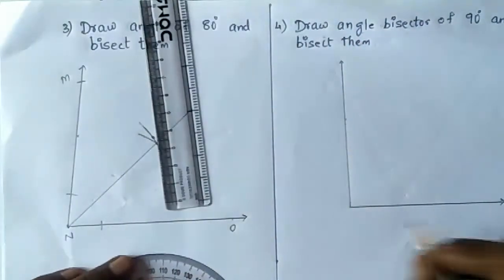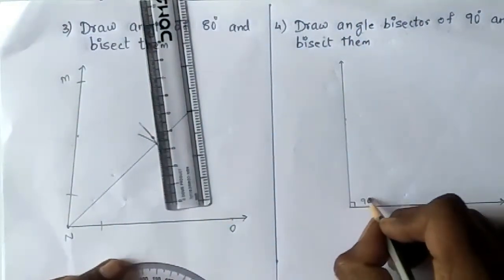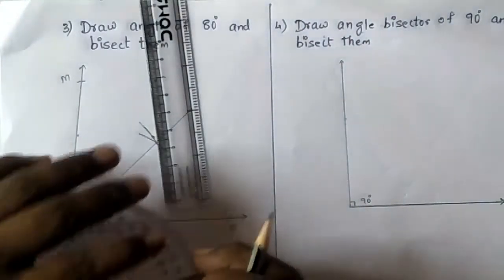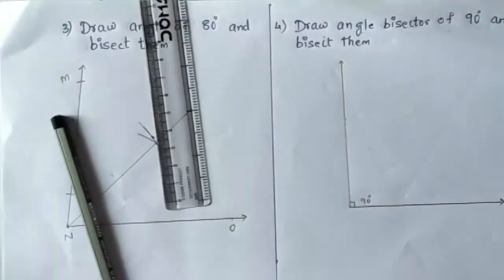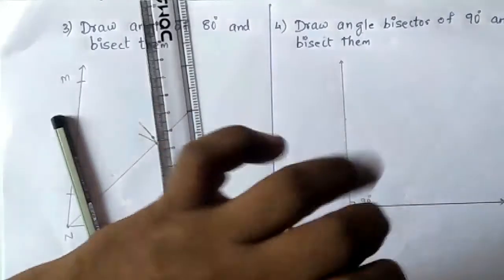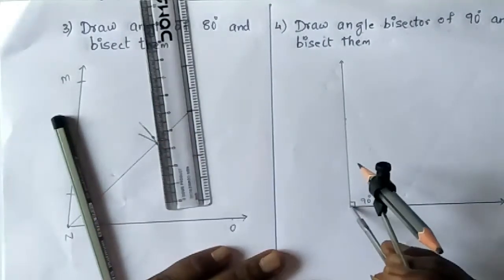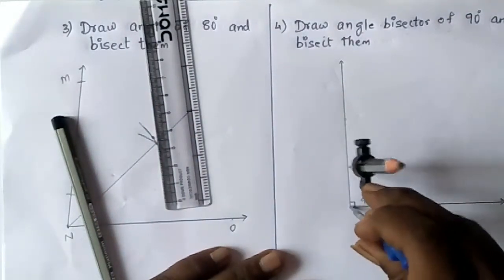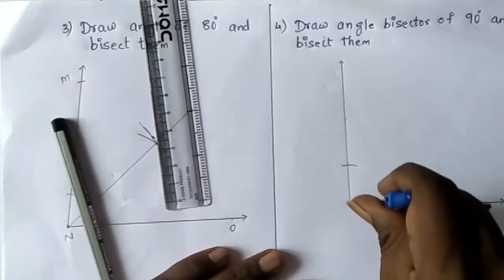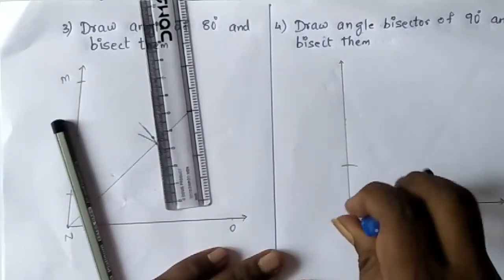This is 90 degree. Then take a compass. First form an arc. Both should be equal arcs.